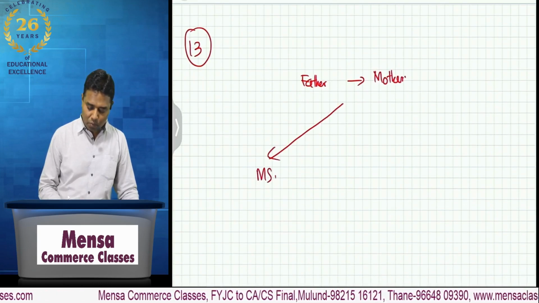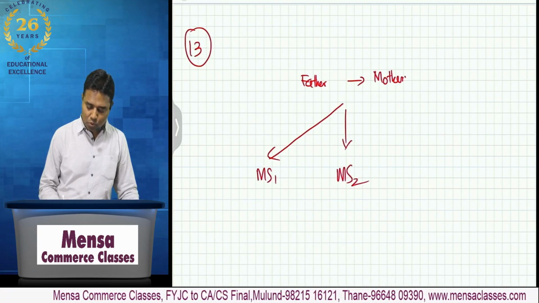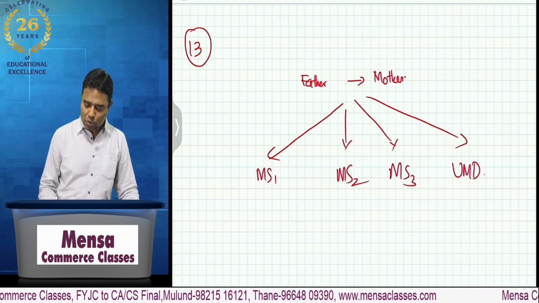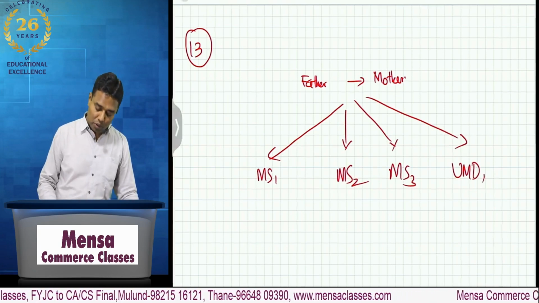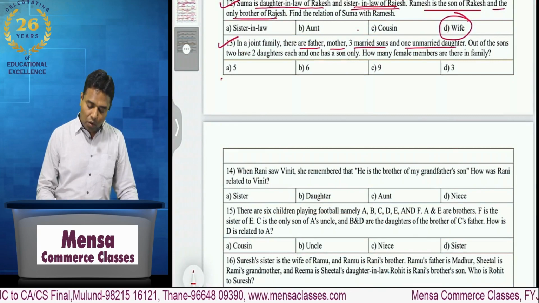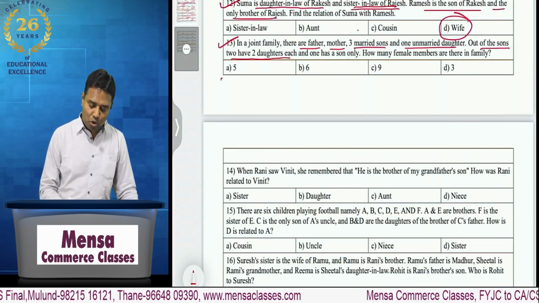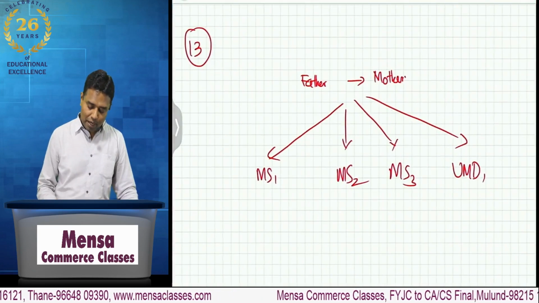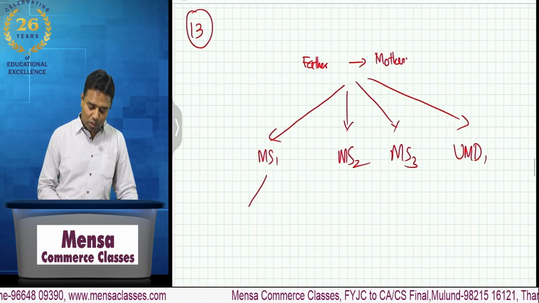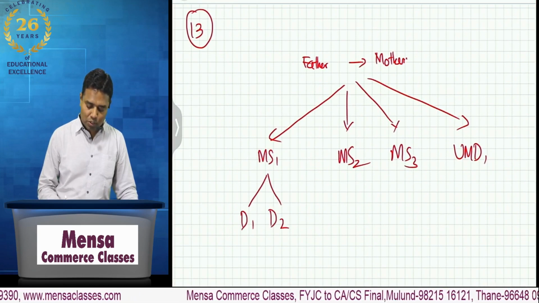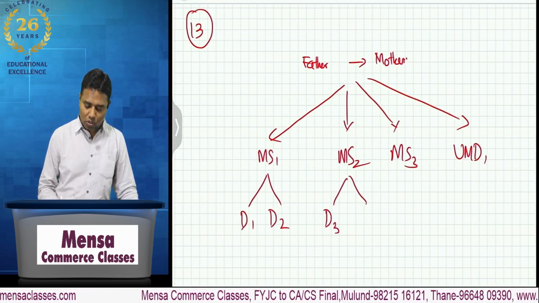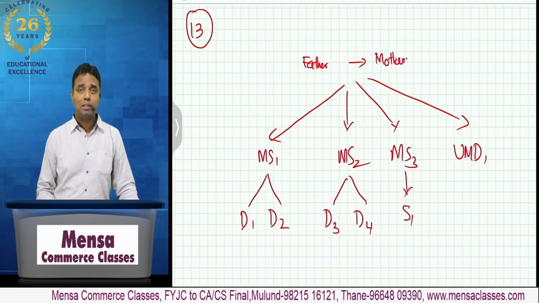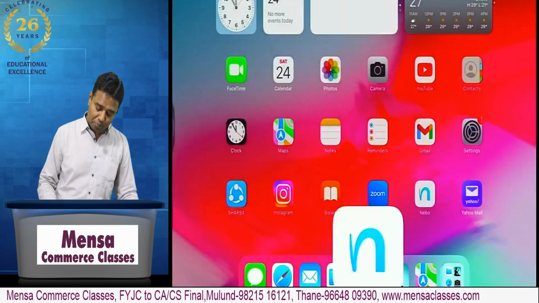So married son 1, married son 2, married son 3, unmarried daughter is 1. Right? Let's move on. Out of the sons, 2 have 2 daughters each and 1 has only 1 son. So first married son suppose has 2 daughters, second married son also has 2 daughters, and this person has only 1 son. That is how the distribution is.